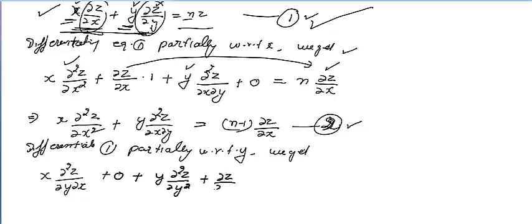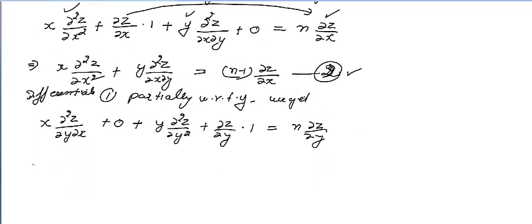Now ∂z/∂y outside, the derivative of y is 1, because you are differentiating with respect to y. Now the derivative of the right hand side, n is outside, ∂z/∂y. So in this way you can find x ∂²z/∂y∂x, this term, plus this term, y ∂²z/∂y².